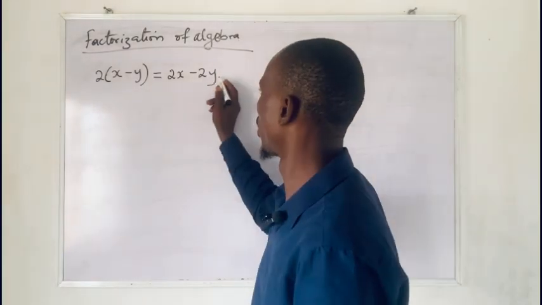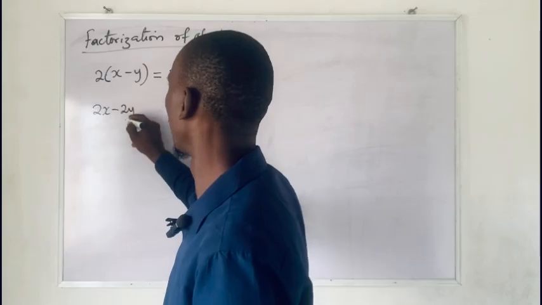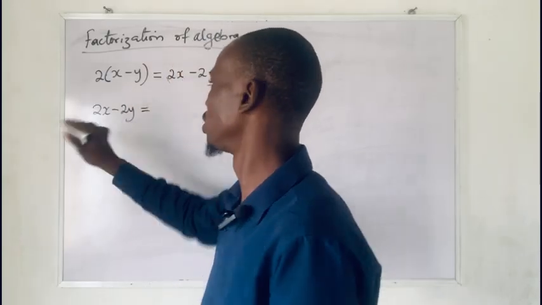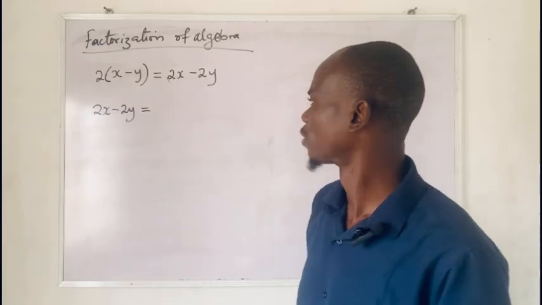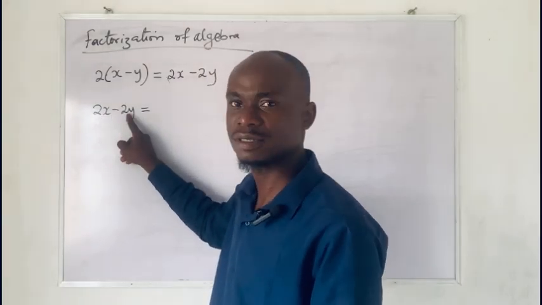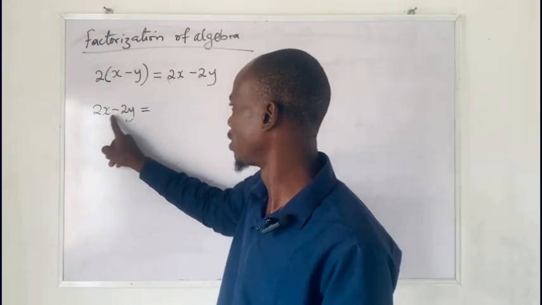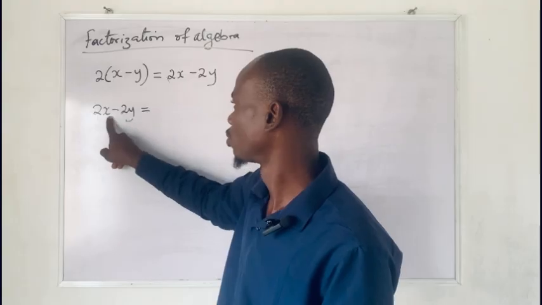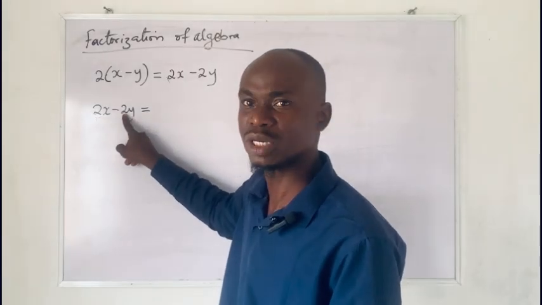So to factorize 2x minus 2y, I will ask myself, what is the highest common factor here? The highest common factor is the highest number that can divide this and divide this. If you observe, the highest number that can divide both sides is 2. 2 can divide this, it will cancel itself. 2 can divide this, it will cancel itself.